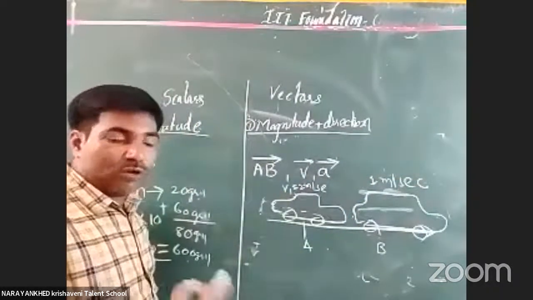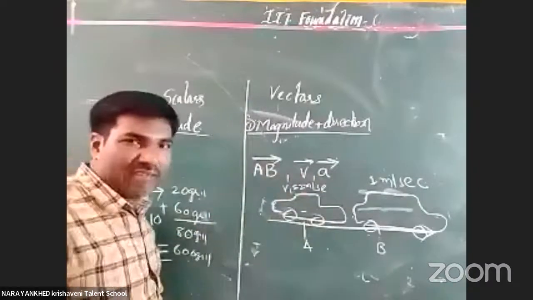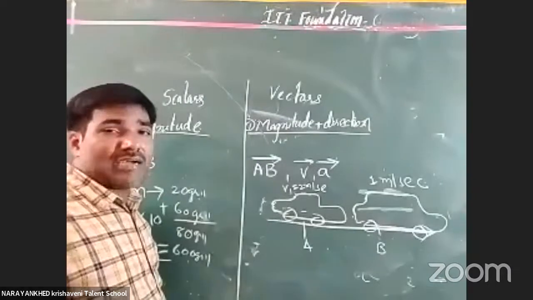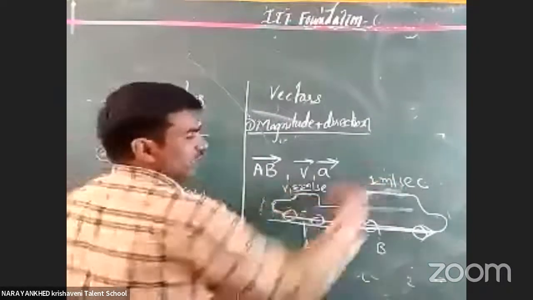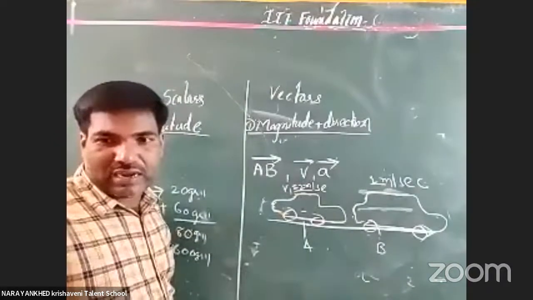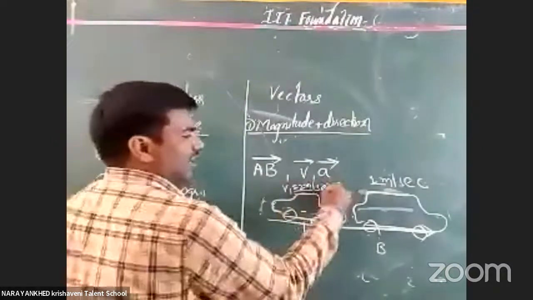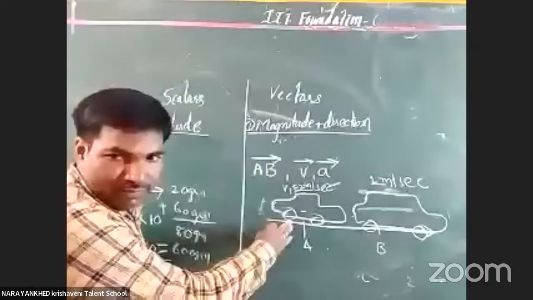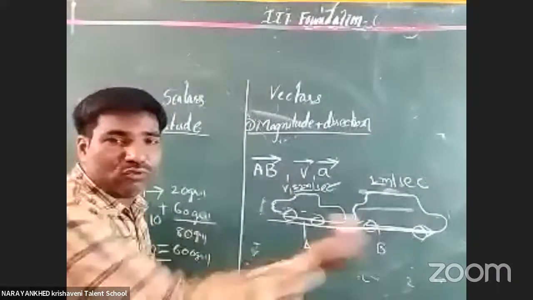Yes. Now we want to find the product of these two velocities. At that time, you don't go directly with 2 into 1. Why? Because we have to take direction also. Suppose we take acceleration here, and we apply a brake on the car. The acceleration now becomes negative.